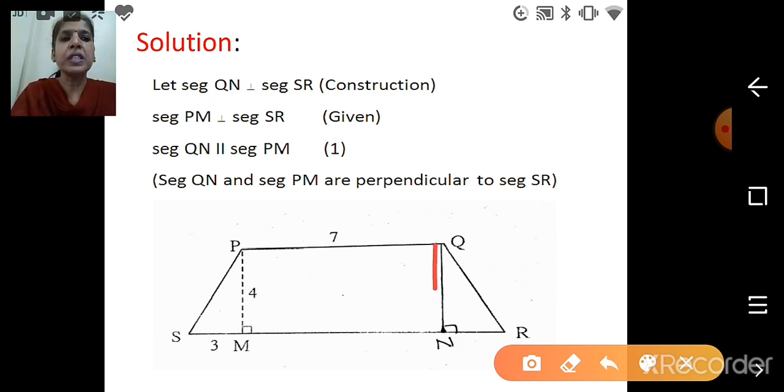Now QN is also perpendicular to SR and PM is also perpendicular to SR. So we can say both PM and QN are perpendicular to the segment SR. Yes? So when two segments are perpendicular to the same one, they are parallel. So we will write segment QN is parallel to segment PM.